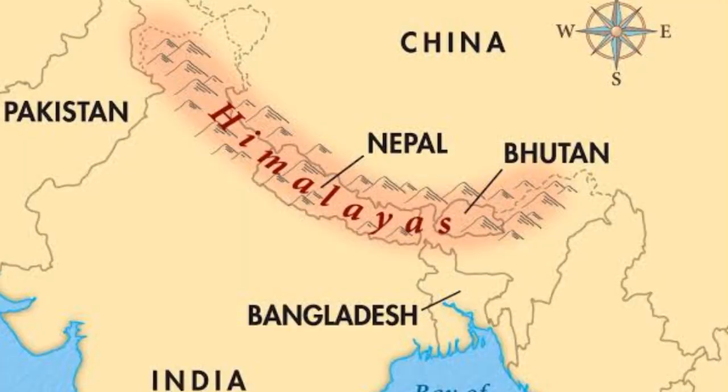Now we are going to discuss all the physical divisions one by one. Let's come to number 1, the northern mountains. In the north, the great Himalaya mountains separate India from Asia. On the map of India, with brown color you can see the Himalayas marked.